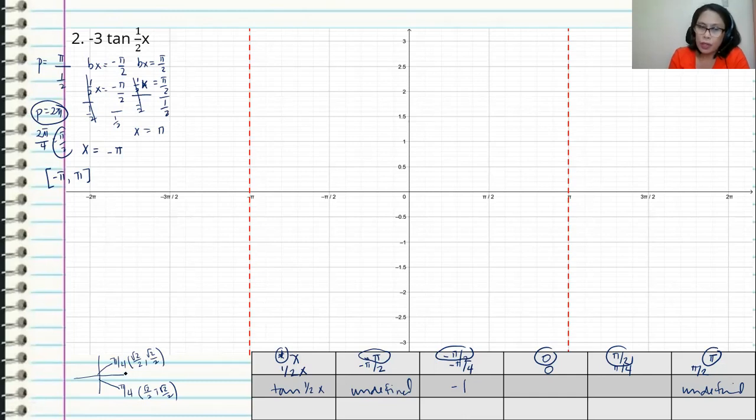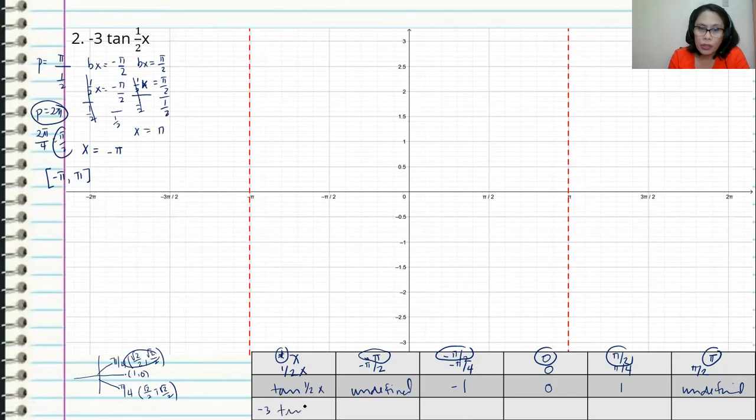So we represent this by 0 and the coordinates is 1, 0 in reference to the unit circle. So this is y over x. So this is 0 over 1. So tangent 0 is 0. Well, tangent pi over 4 is 1. And then we will multiply that by negative 3, whatever the result in row 3.